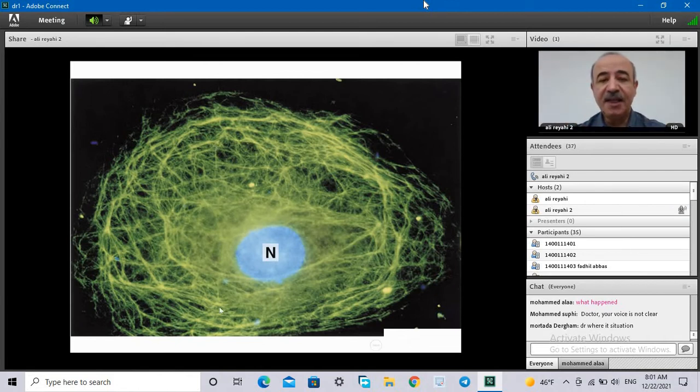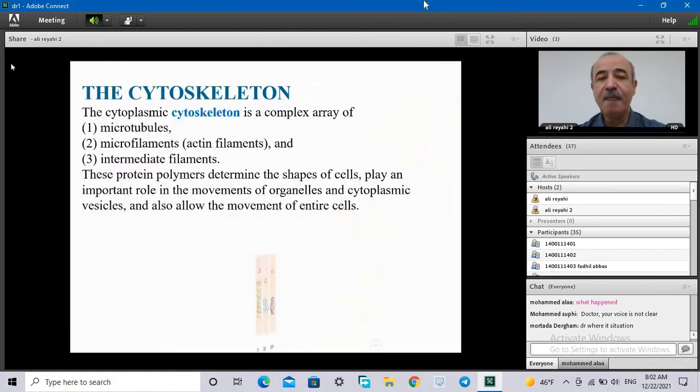Okay, in this cell you can see this framework. These proteins form the shape of the cell, so this structure is called the cytoskeleton.